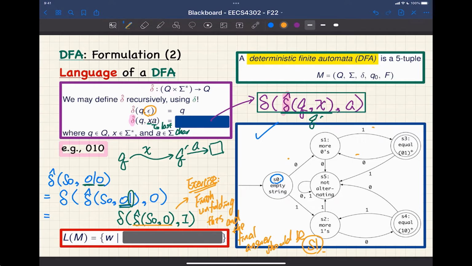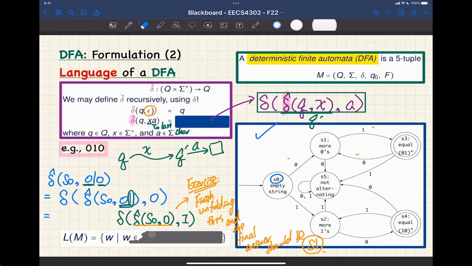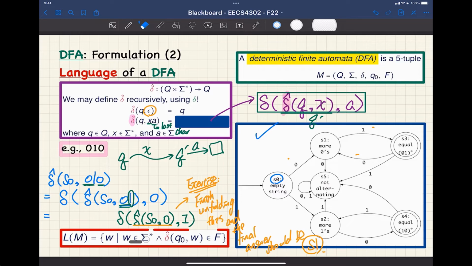Okay? And ultimately, once we have delta hat, how do we define the language for the DFA? I'm going to reveal that right away. It's going to be something like this. Let's read it together. The language of some DFA machine M is going to be all the strings that will be accepted by the DFA. But what does it really mean to be accepted? That means the string must be in sigma star.